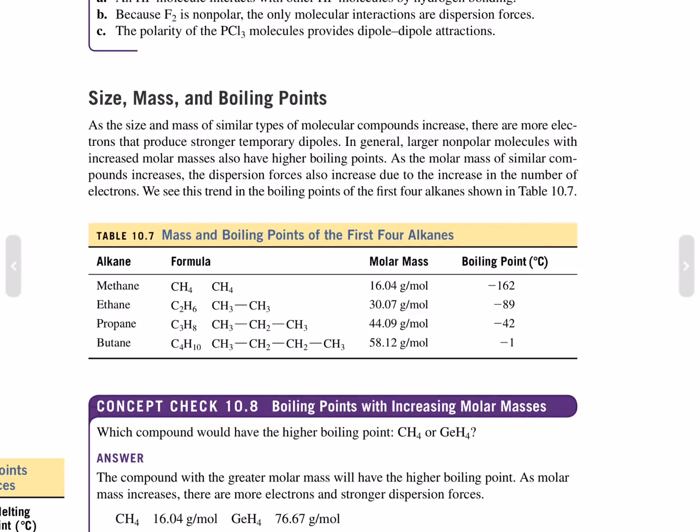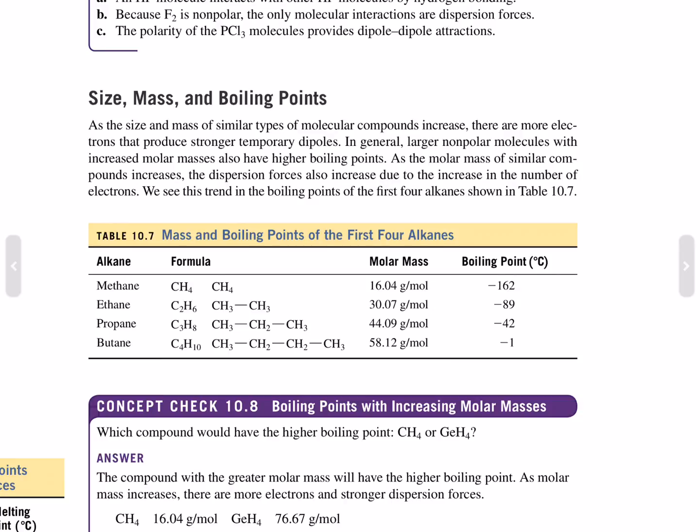Size, mass, and boiling points. As the size and mass of similar types of molecular compounds increase, there are more electrons that produce stronger temporary dipoles. In general, larger nonpolar molecules with increased molar masses also have higher boiling points. As the molar mass of similar compounds increases, the dispersion forces also increase due to the increase in the number of electrons.